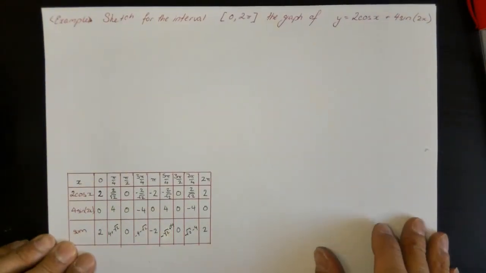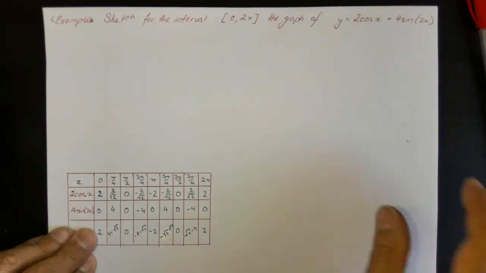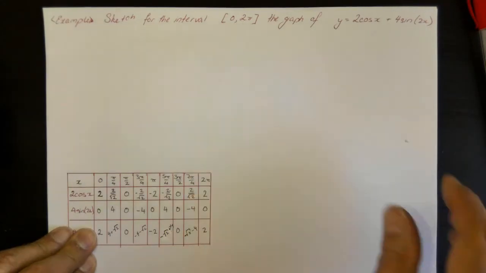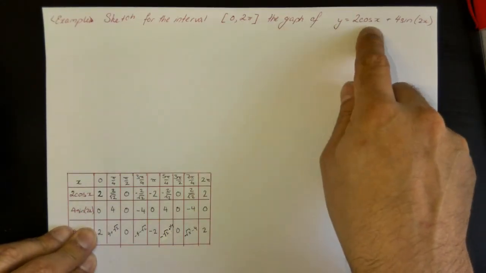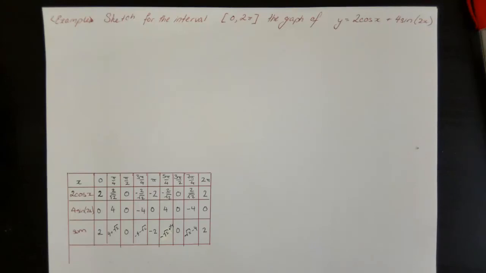Here's our last example. We want to sketch, on the interval of 0 to 2 pi, the graph of y equals 2 cos x plus 4 sine of 2x.